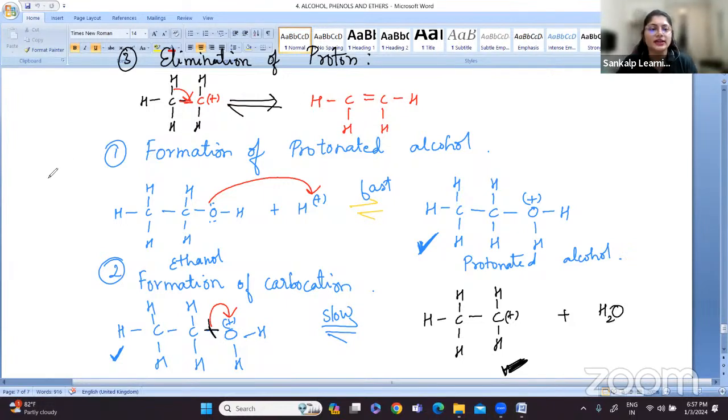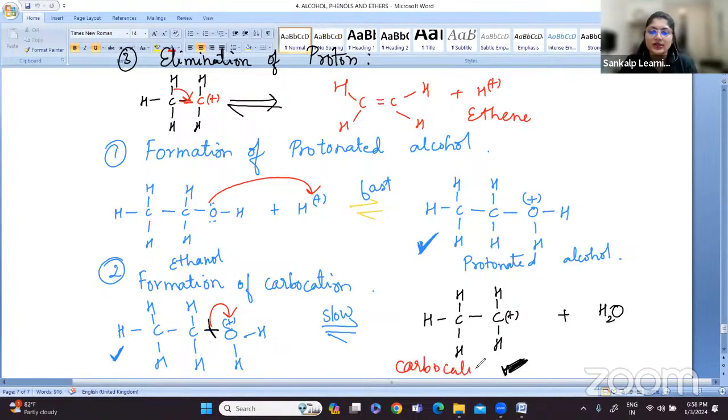So you get an alkene. I'll write it properly: C double bond C, H, H, H, and H. This is our ethene, plus H plus. So this is a carbocation. Understood? Yes. So for the 3 marks, 3 steps.